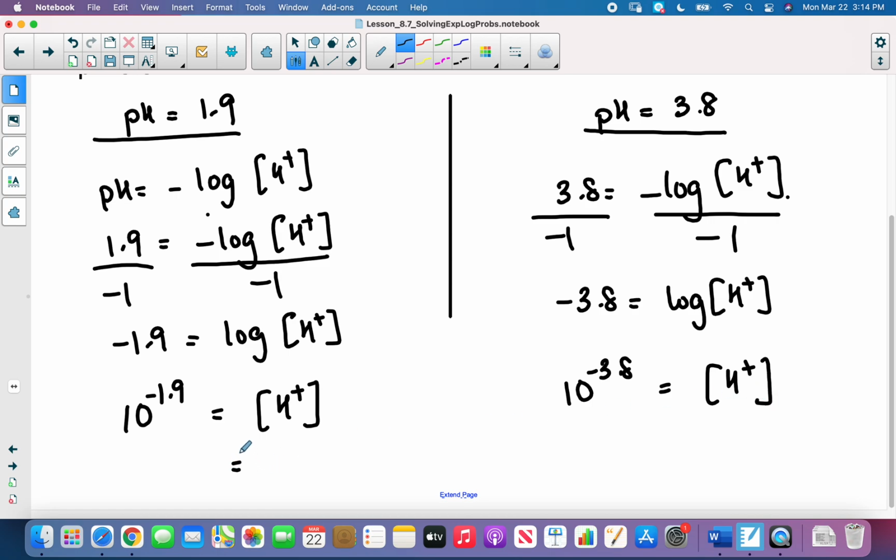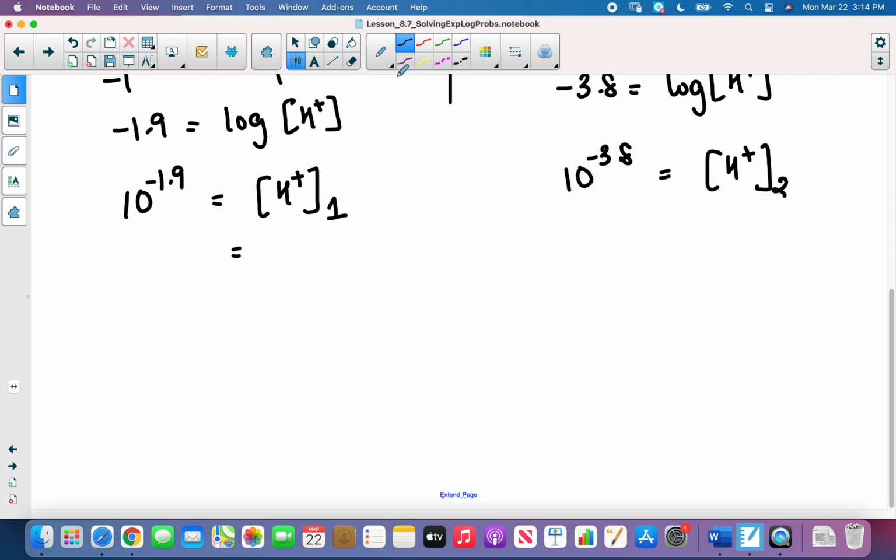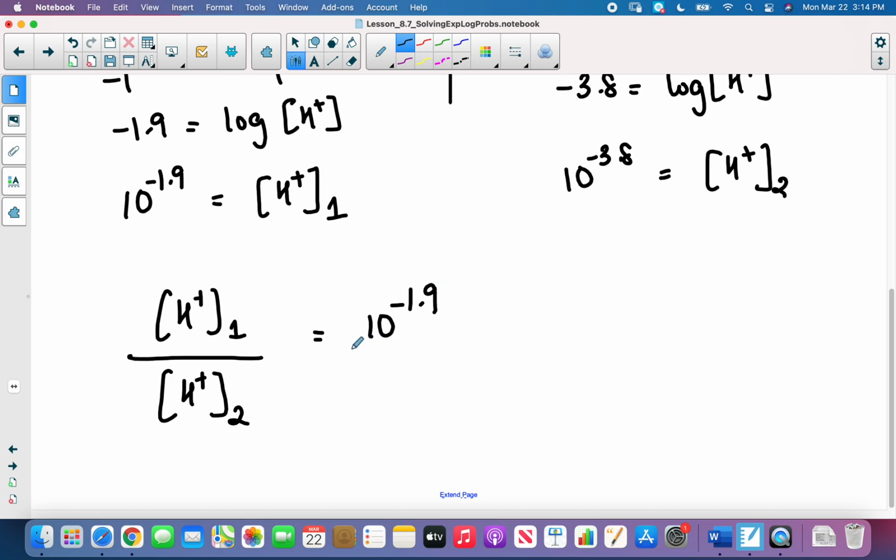Let's call this solution 1 and solution 2. If we compare the two solutions, we take the hydrogen ion concentration of solution 1 and divide it by the hydrogen ion concentration of solution 2. So it'll be 10 to the power of negative 1.9 divided by 10 to the power of negative 3.8. Put that in your calculator, and it works out to approximately 79.43.